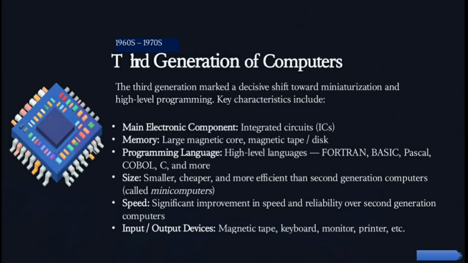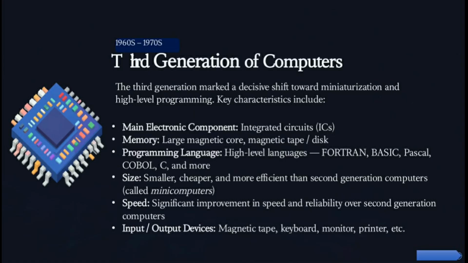And the number 4 is size of computers. Another important characteristic was the size of computers. Third generation computers were generally smaller than second generation computers. Some of these smaller computers were called minicomputers.